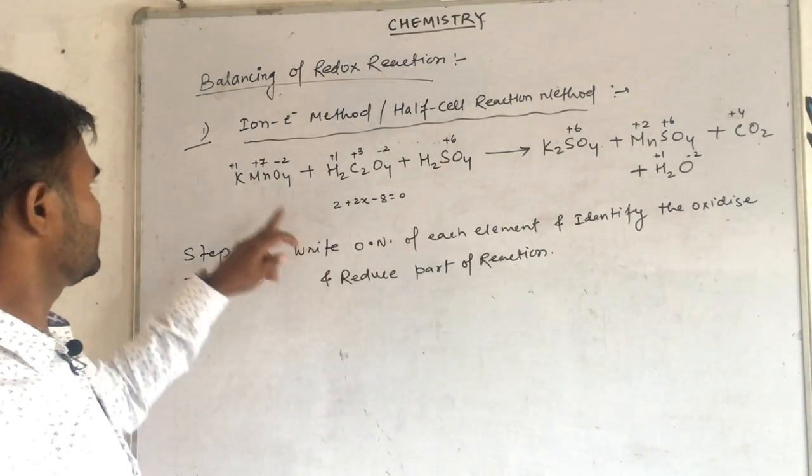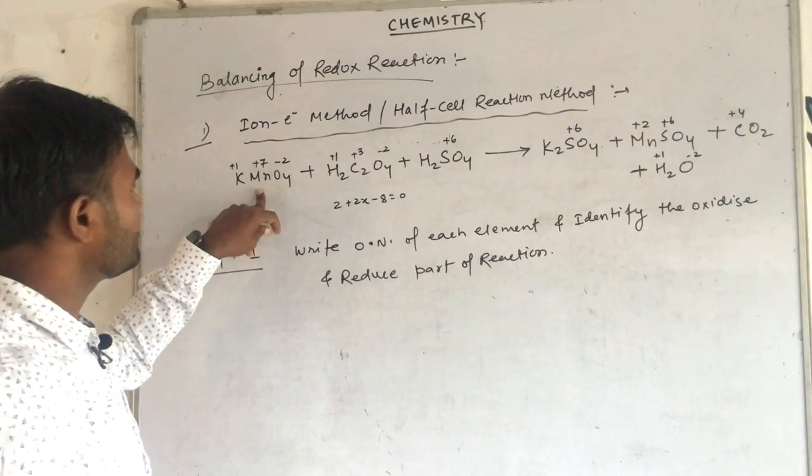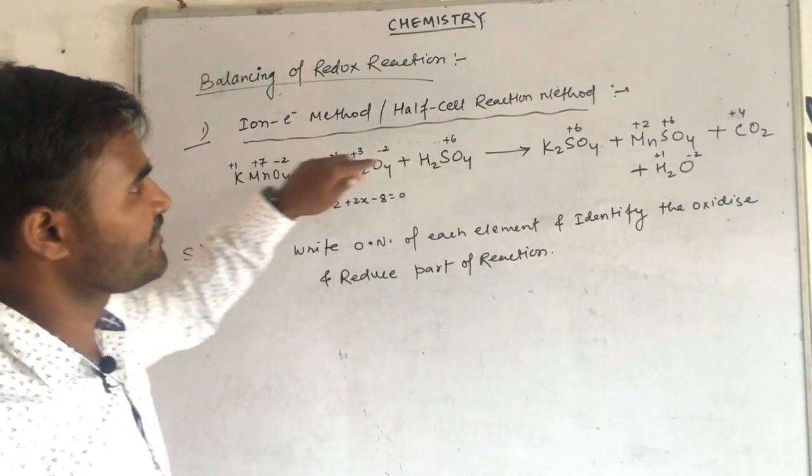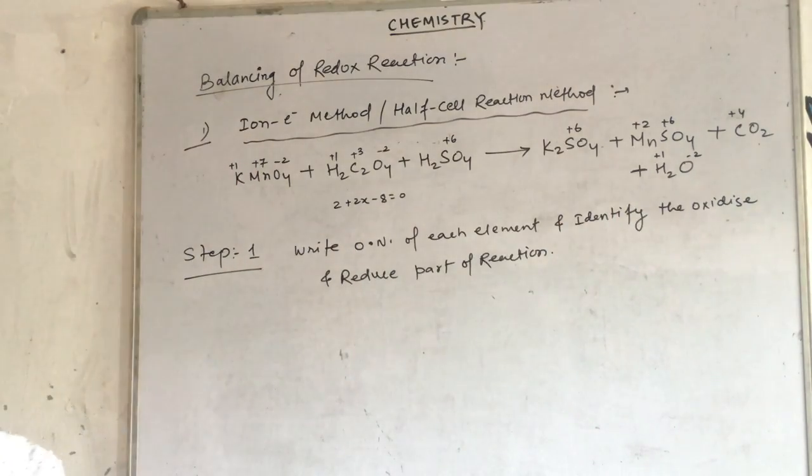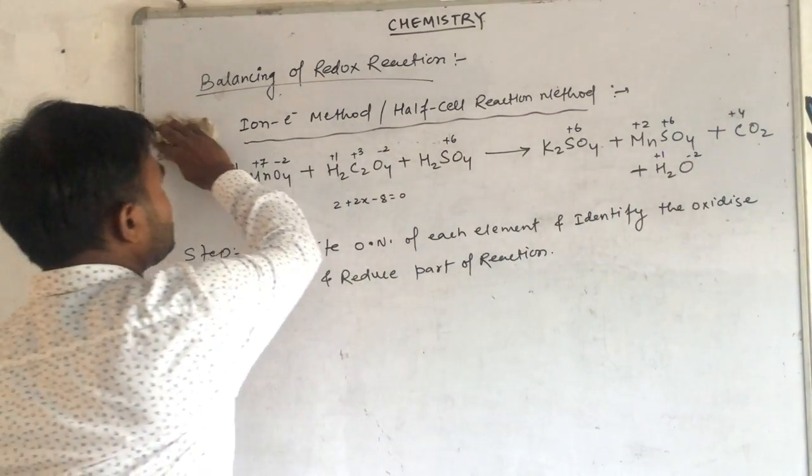As we can see here, the oxidation number of manganese is +7 here and +2 here.